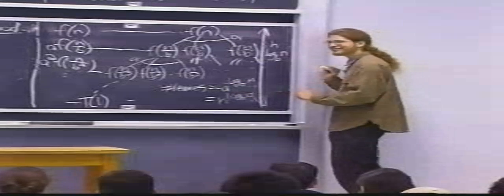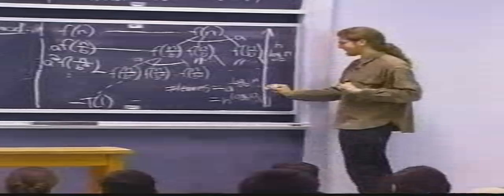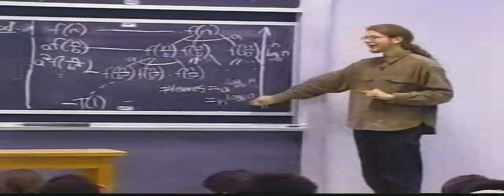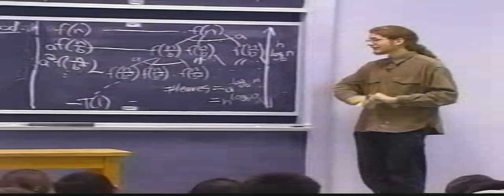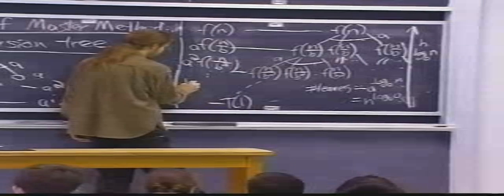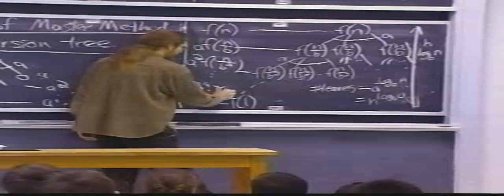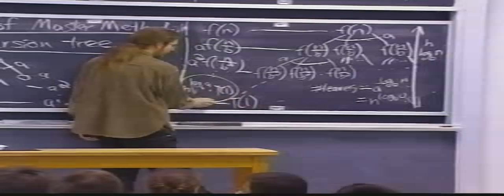It sounds easier said than done, but you think of your powers and log rules. Aha! That's where the n to the log base b of a comes up. It's the number of leaves. The cost at this leaf level is the number of leaves, n to the power log base b of a, times T of 1. That's the total cost at the leaf level.